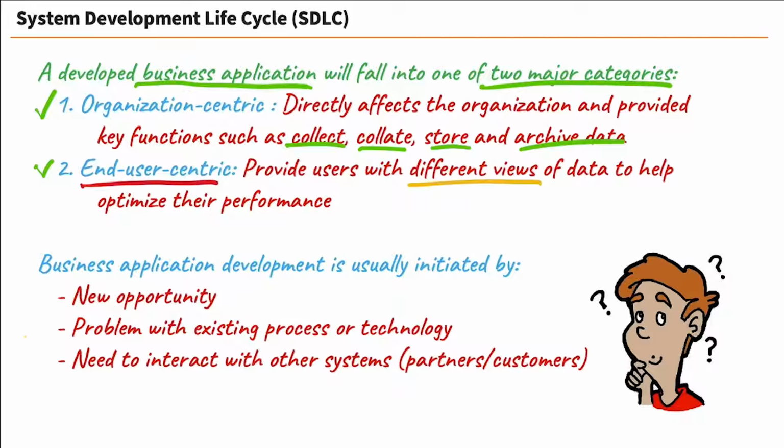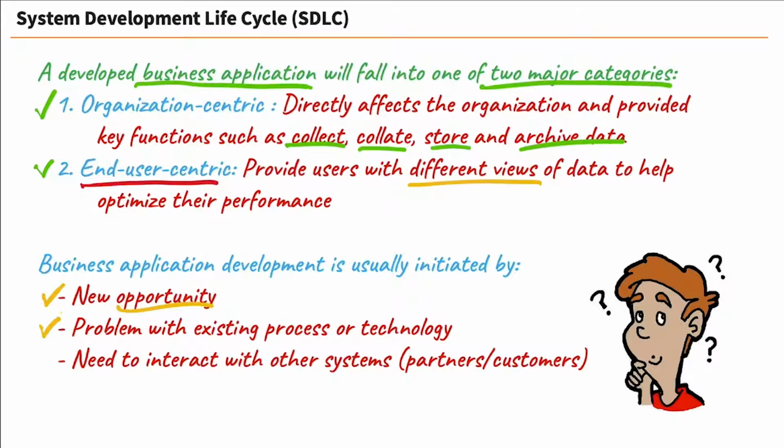Now, when it's decided to build a new business application, it's usually initiated by a couple different options. The first of which is opportunity. That's key there, opportunity. So it's opportunity to maybe sell something to new customers, or opportunity to open up a new line of business, or create a new widget, if you will, or open up in a new geographical area.